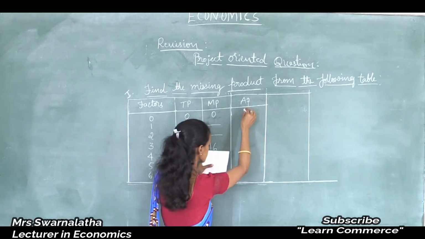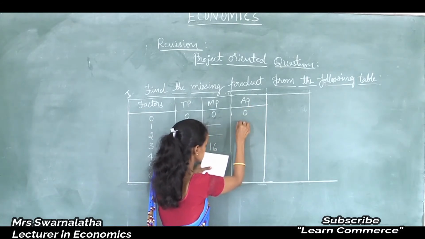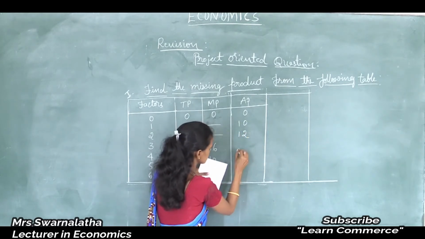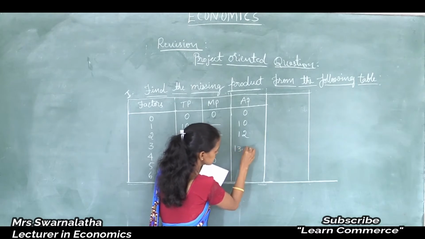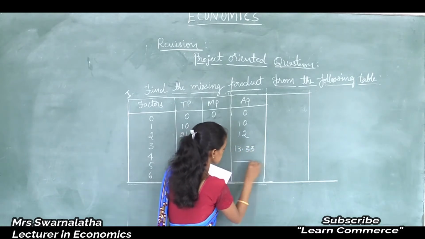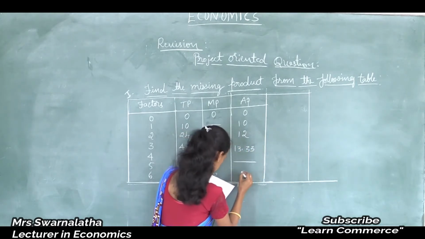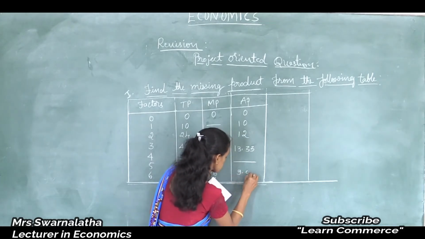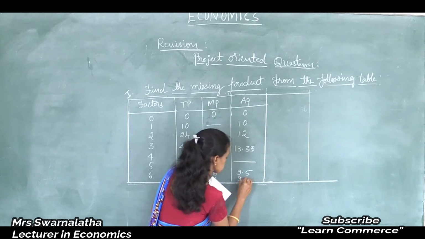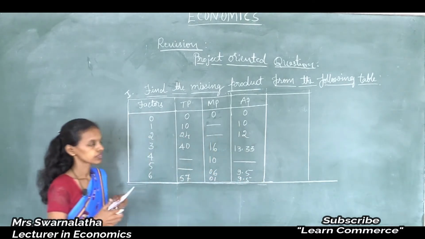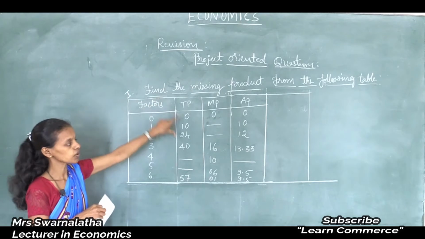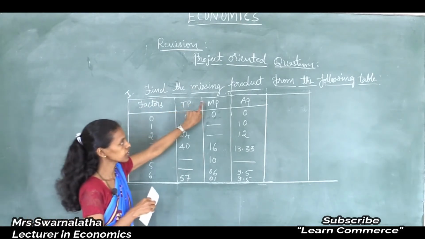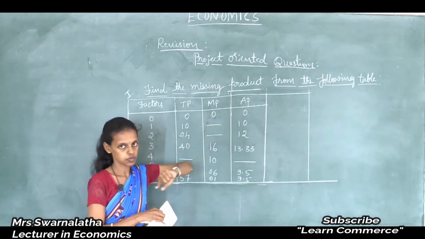Average product is given as AP, 0, 10, 12, 13.33, dash, 9.5. So to find the missing product, we should use the formulas to find total product, marginal product, average product.